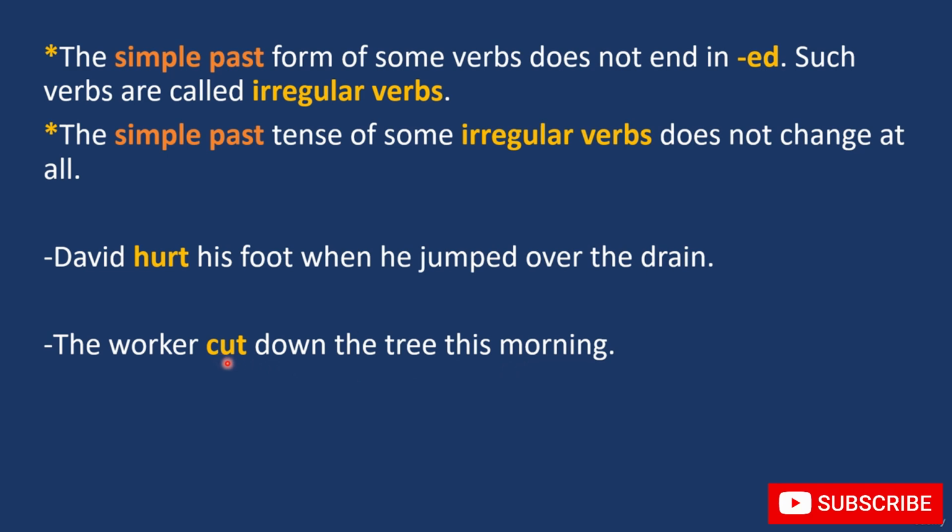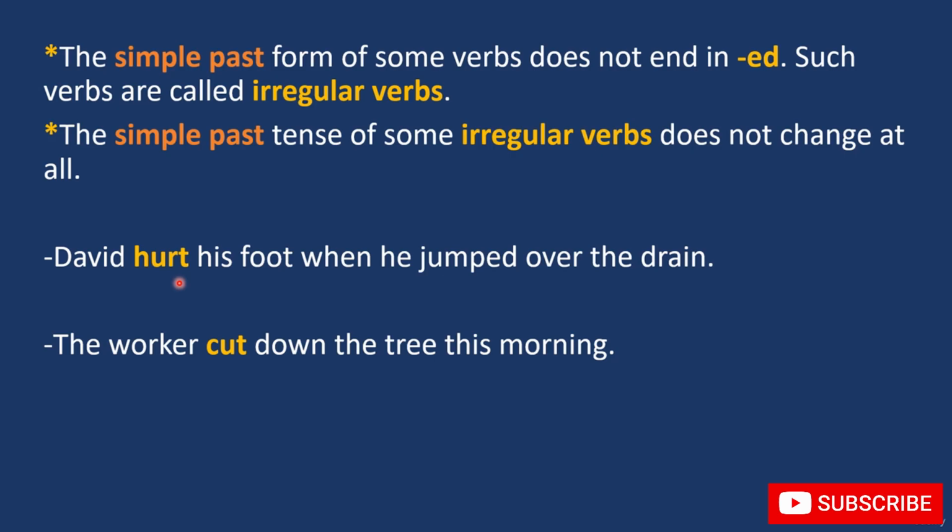But how can I know whether the verb cut or the verb hurt is present or past? If it's present, I can add the letter S, because in the present simple I add S after the verb if I have he or she or it or a singular noun. So when I say I speak, he speaks. I cut, he cuts. This is present.